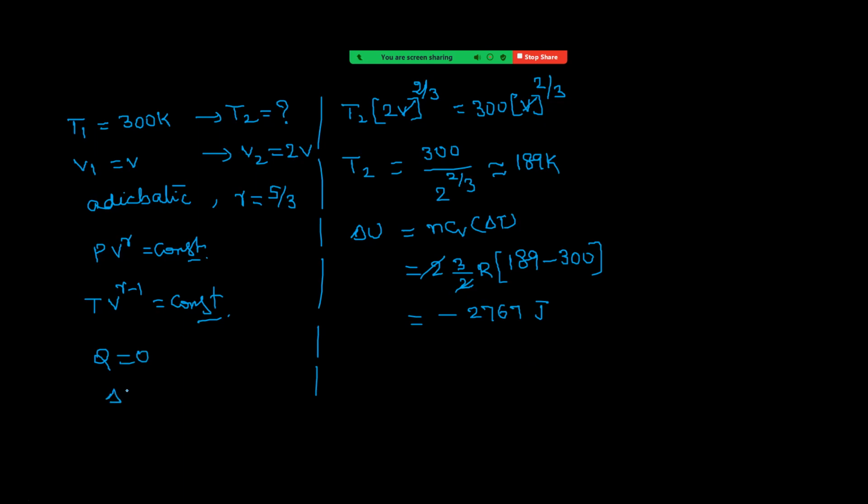That means delta U is equal to minus W, or W equals minus delta U. We got the delta U value. Therefore, W will be minus delta U, that is equal to 2767 joule because of expansion. That means work done is positive.